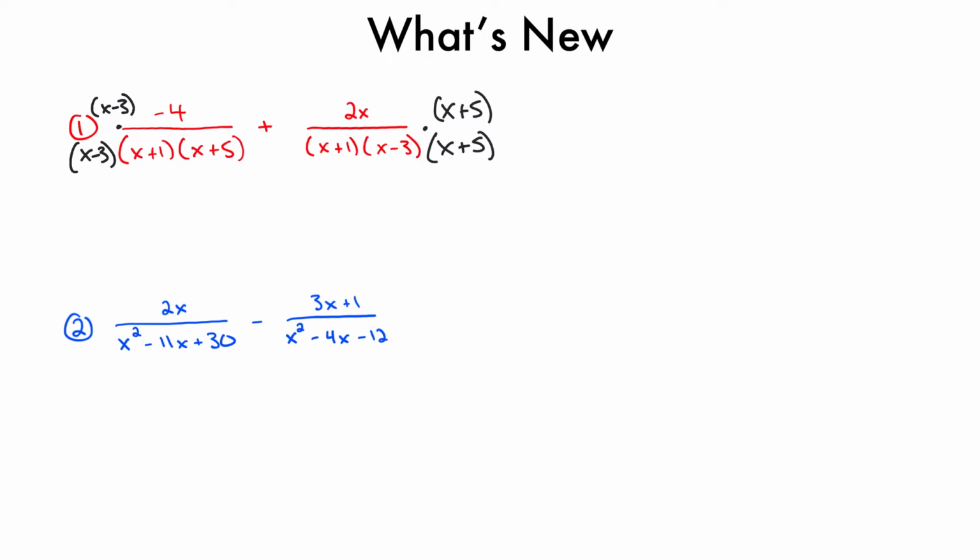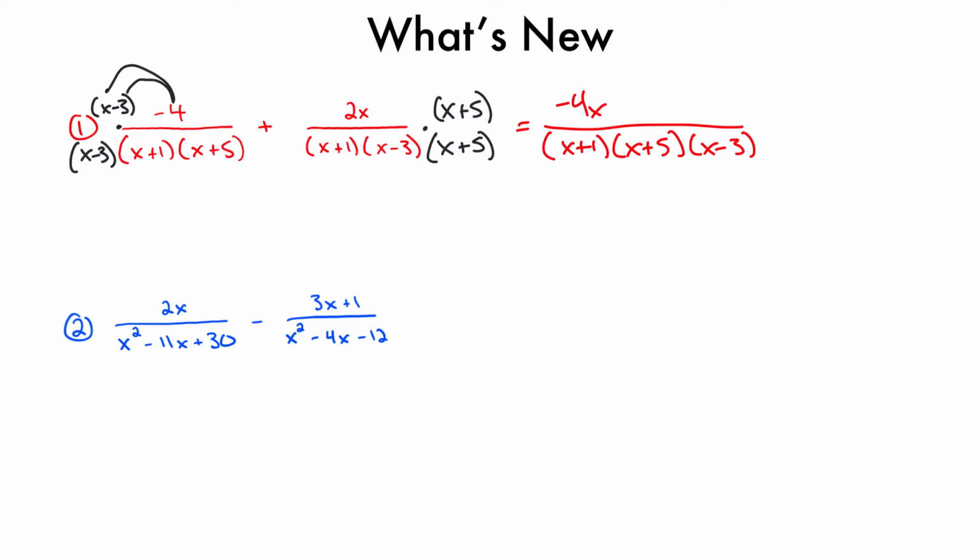However, the numerators we do want to multiply out because we're eventually going to add them. So the denominators I'm going to keep the same. It's going to be x plus 1 times x plus 5 times x minus 3. The top I am going to multiply out. Negative 4 times x is negative 4x.